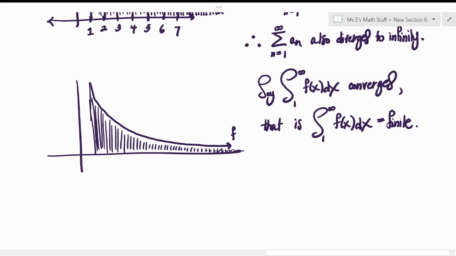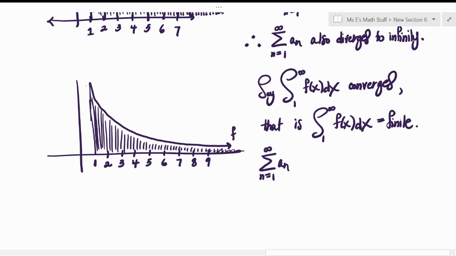Now let's look at the sum as n goes from 1 to infinity of a sub n, where a sub n is basically just f of x. So let's put some markers in here so we have some things to compare. Okay, there's a different way to look at the sum of all these values.